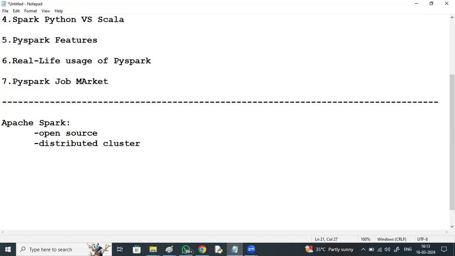Open source, distributed, cluster computing framework.